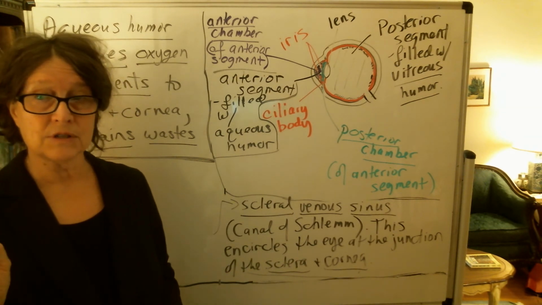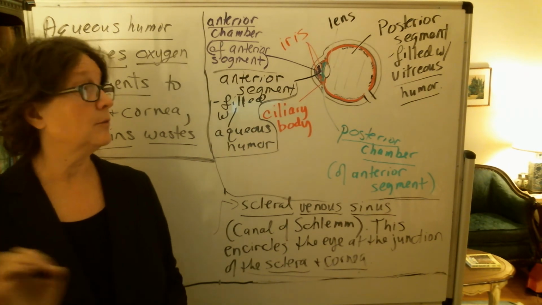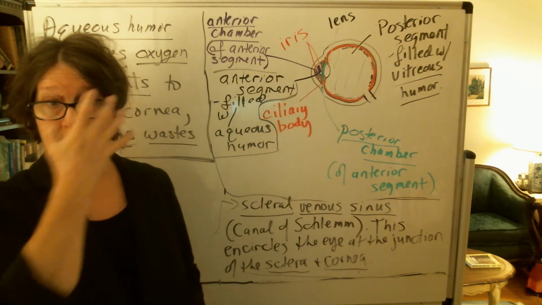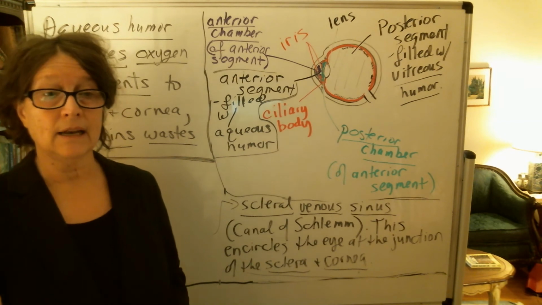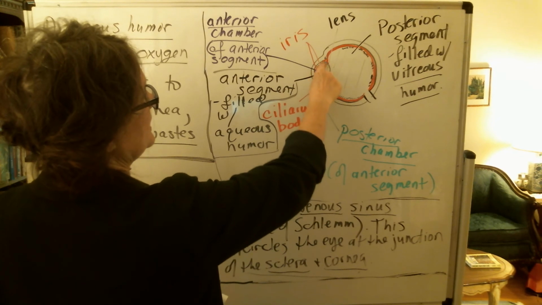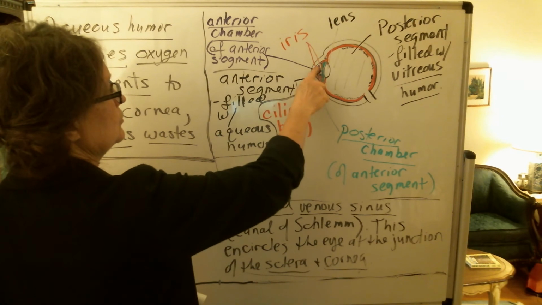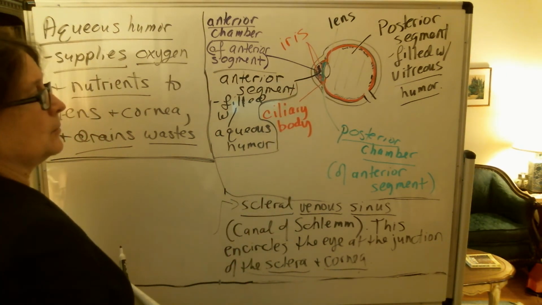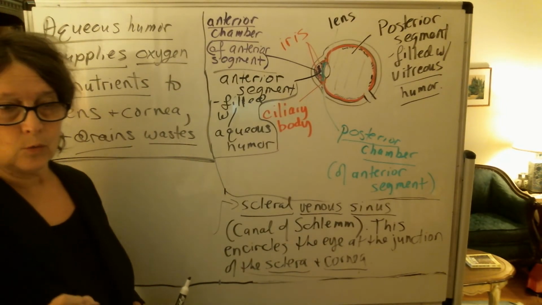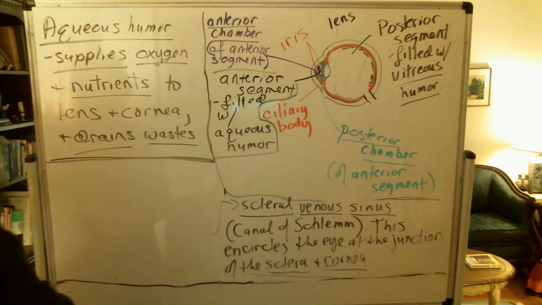And in that small space, you can do without the blood cells. And we need to do without the blood cells in that area, because remember, if we had blood cells circulating in that area, they would get in the way of the light coming in through the cornea and passing through this area before going through the lens and into the vitreous humor. So you do not want things like blood cells blocking the light there. So we have this clear fluid that is otherwise performing the job that blood does in that tiny space.